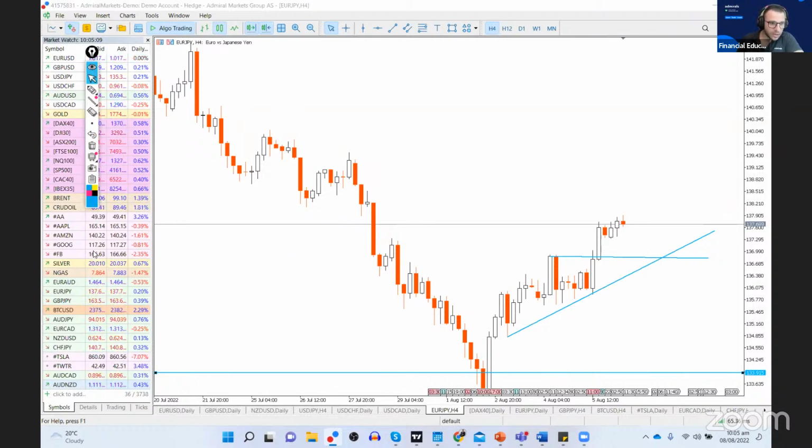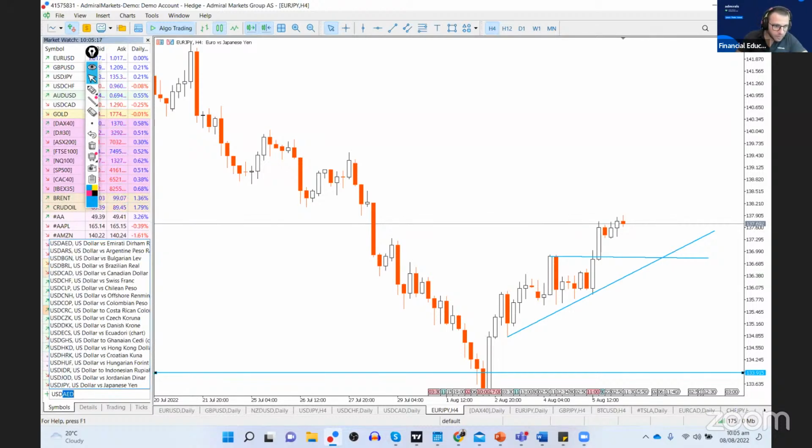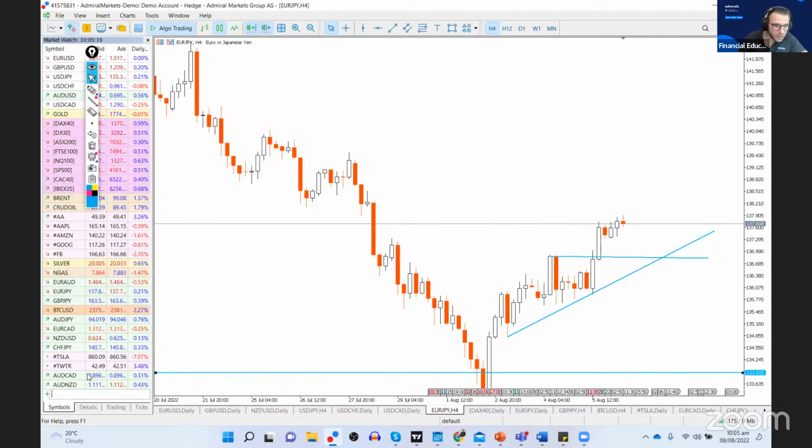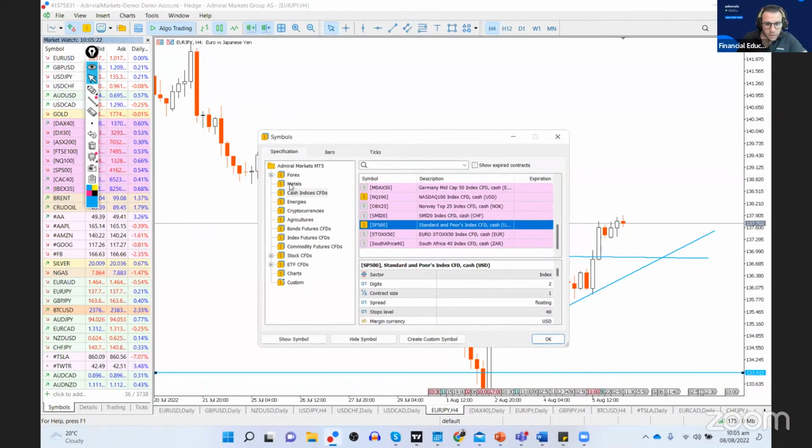And the US index, the last one, let's see if we have it here. Let's go to indexes.